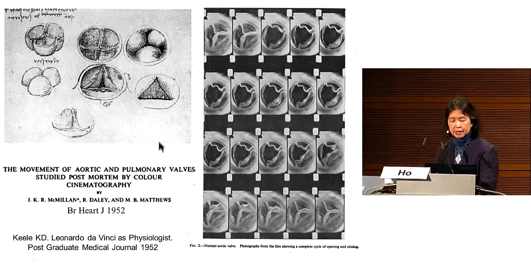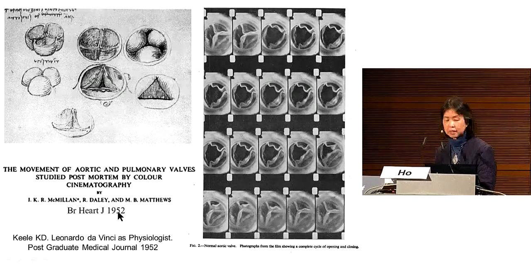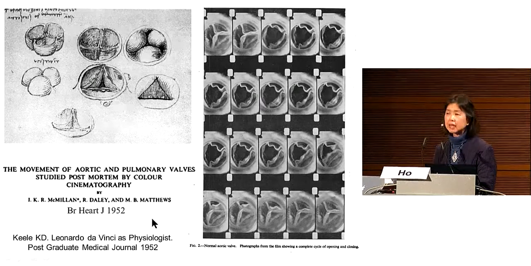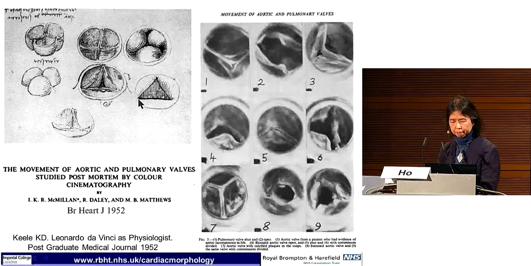When Keele wrote his paper in 1952, he pointed out that this was only demonstrated by color cinematography in 1952, the same year as Keele's publication, showing how the semilunar valves, as they come together, have edges that crinkle up.